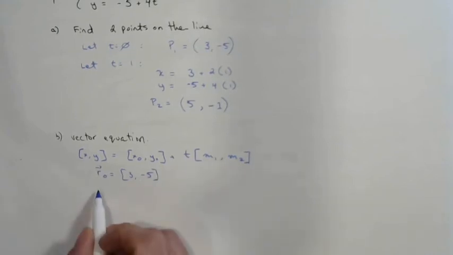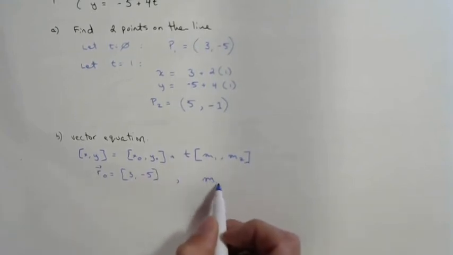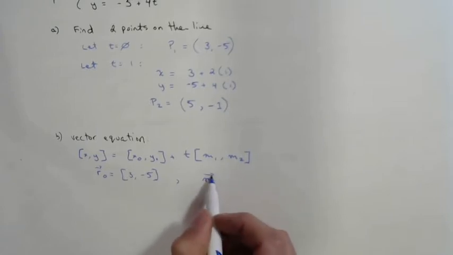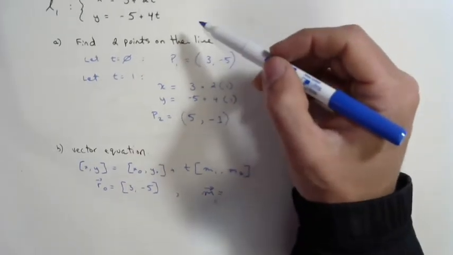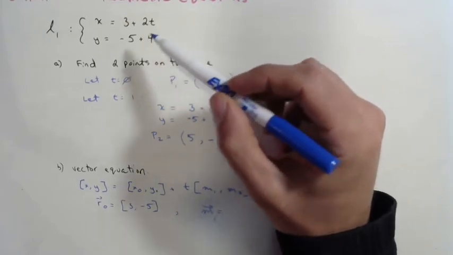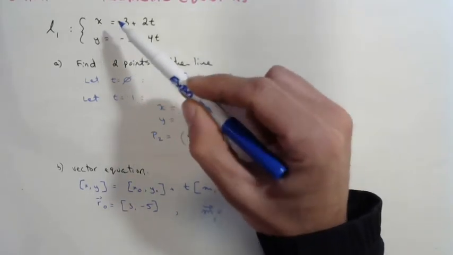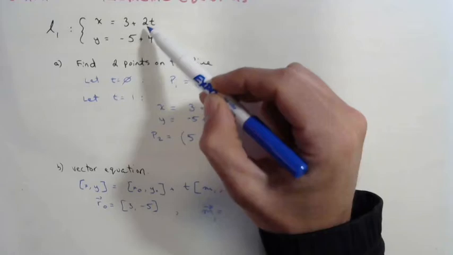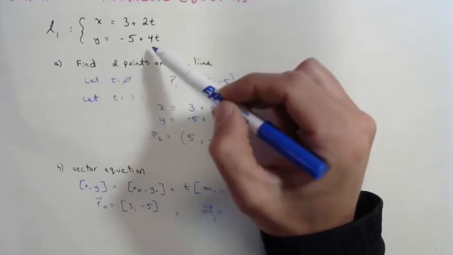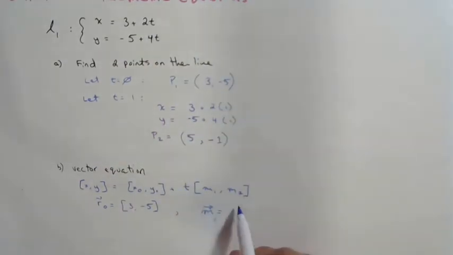And then we have our direction vector m. And that is actually given to us up here in the component. It's saying that x has a change of 2 when y has a change of 4. Okay, so our direction vector is actually 2, 4.